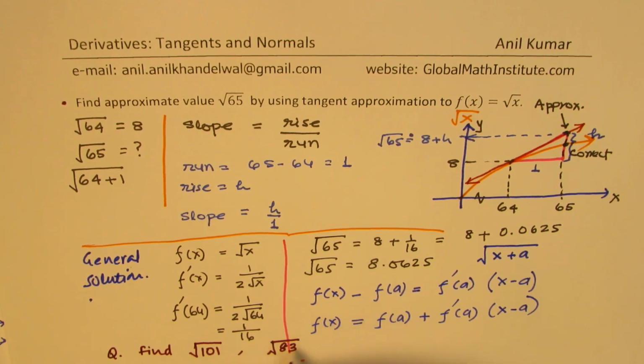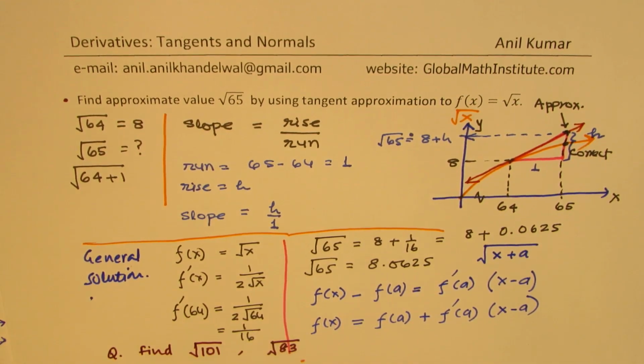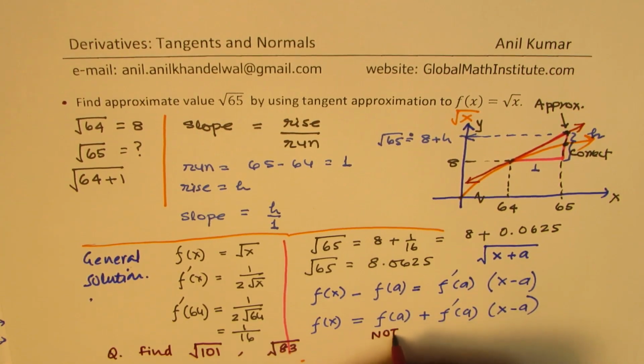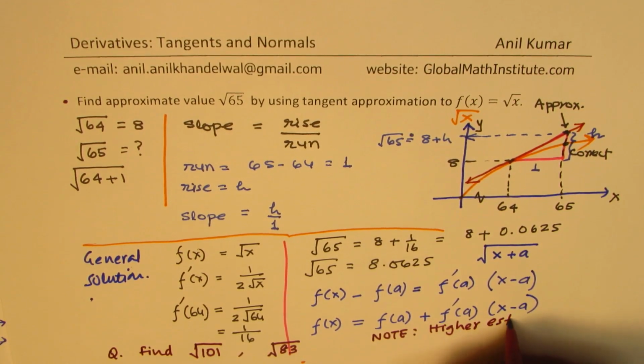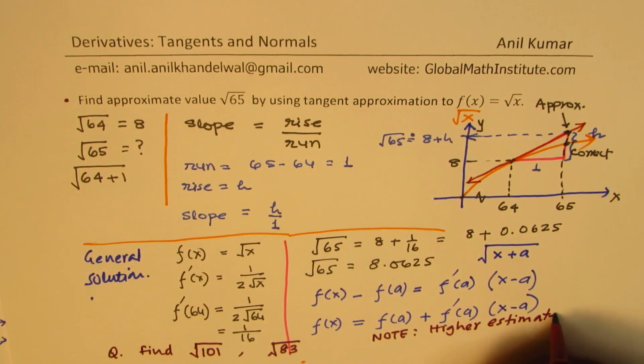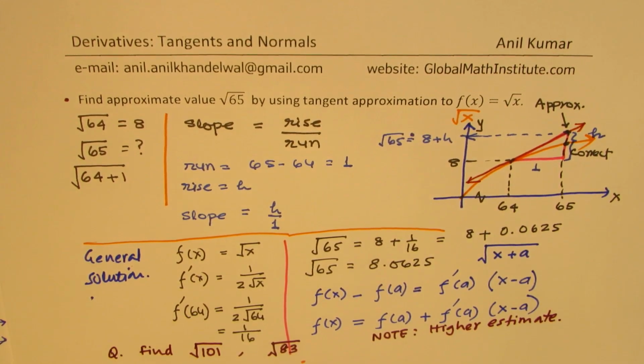Okay, so of course the results will not be very accurate. In square root, we are always getting a higher estimate, right? So note: higher estimate. Perfect. Since you see that the curve is under the tangent, right? So in such cases, you'll get a higher estimate for square root using this particular method, right?